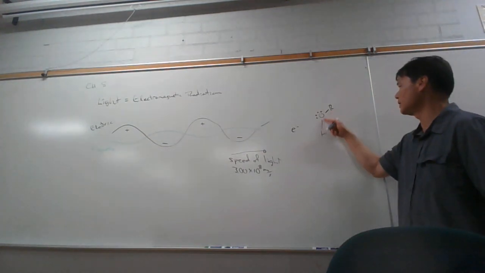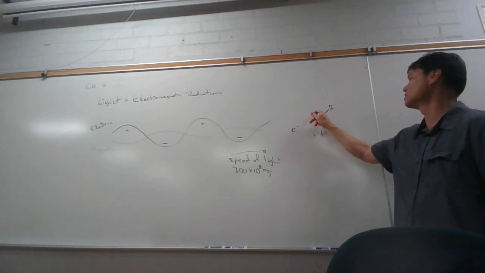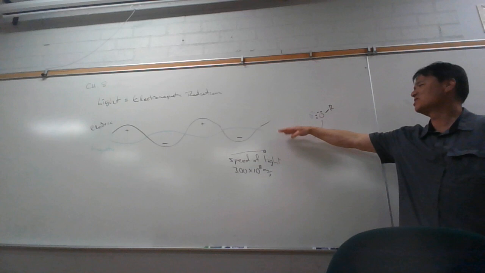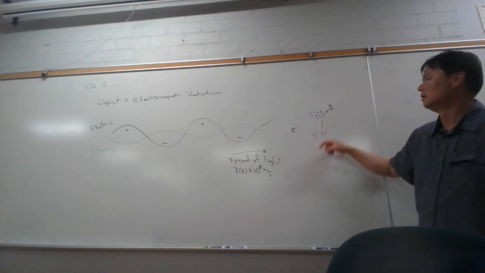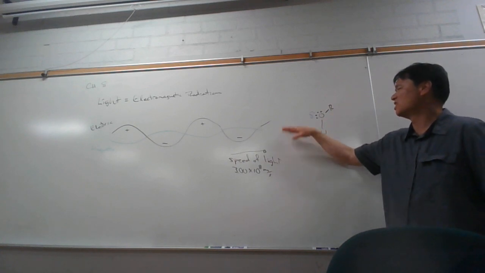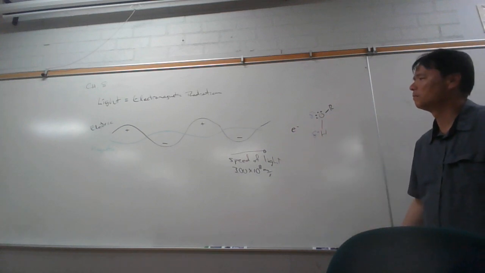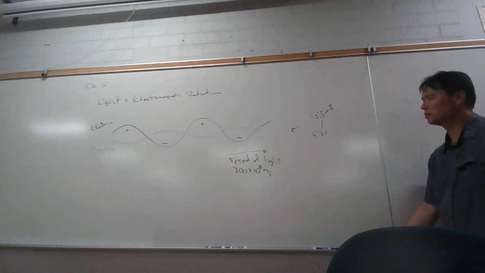Here, this would be an alcohol bond, and the hydrogen would be positive and the oxygen would be negative. When we have an oscillating electric field, it causes the bond to vibrate. The electrons will just oscillate with the field, bonds will vibrate with the field. And so they interact with charge.